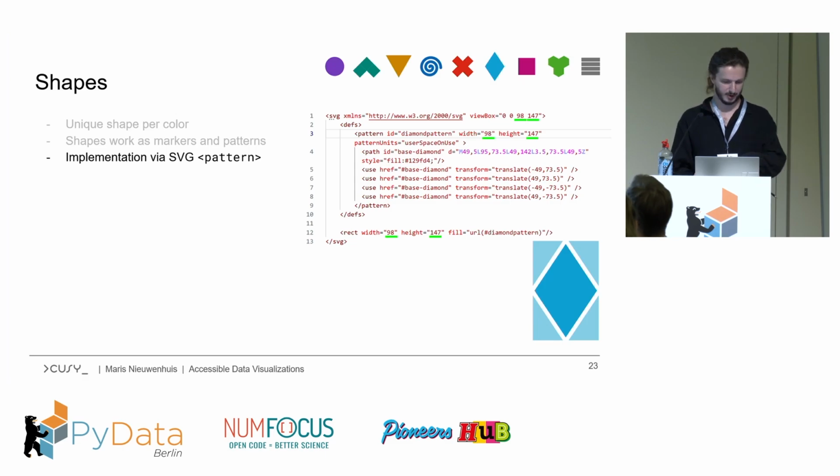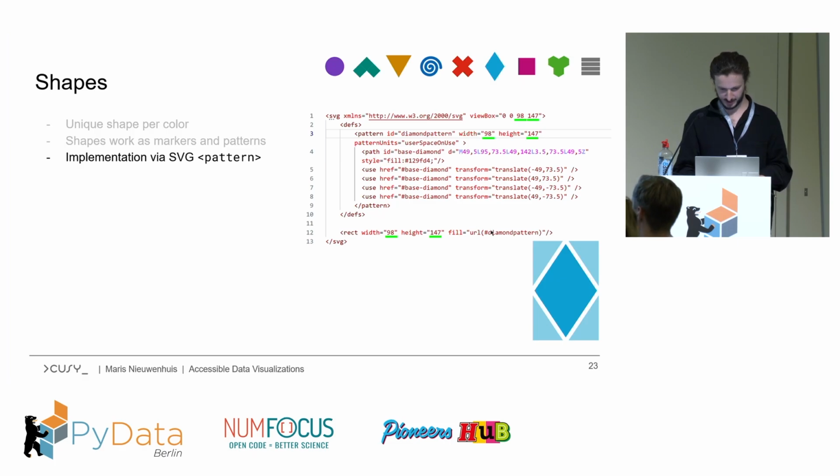And if you only have the defs section, nothing will be shown. You have to put a shape to actually fill, in this case a rectangle. And here we reference the ID of the pattern itself as a fill, and this will fill it.